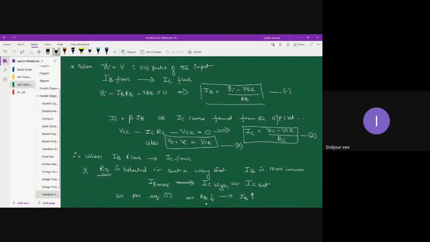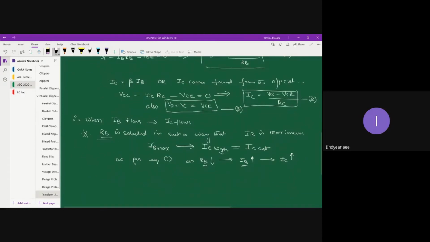A smaller value of RB will give you a larger base current, and a larger base current will give you a larger collector current. Thereby you can maintain the transistor in the saturation region. So with high IC, the transistor is driven into the saturation region.